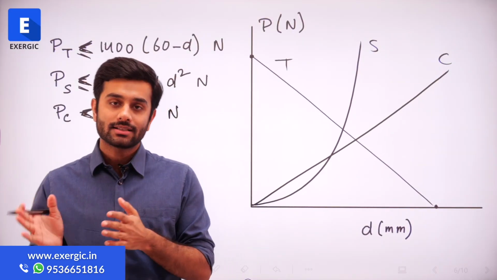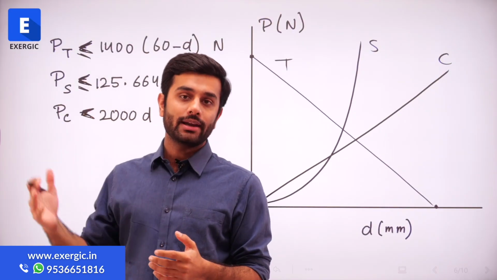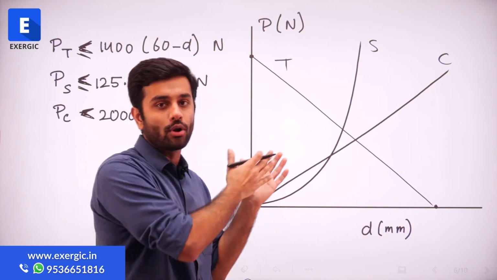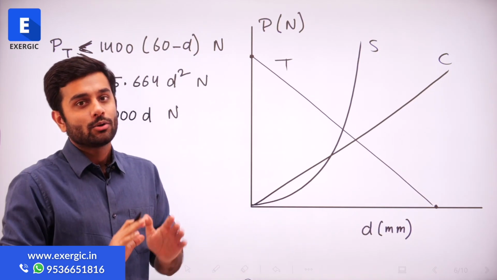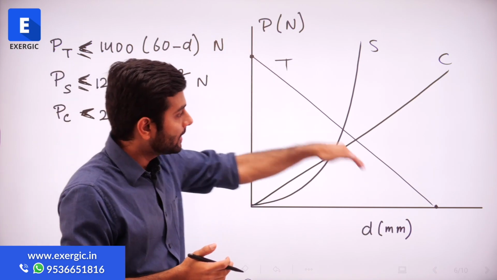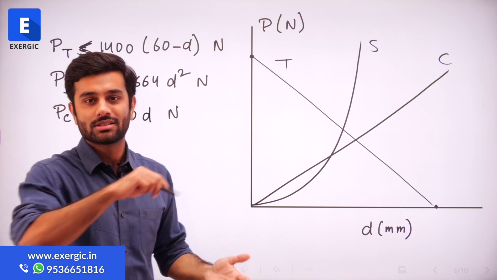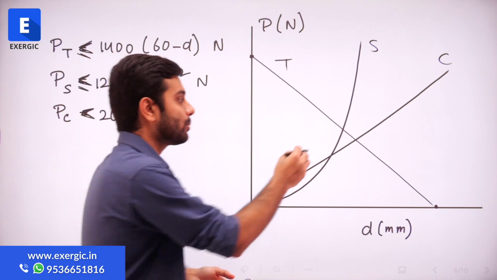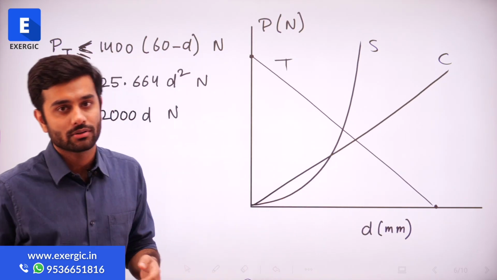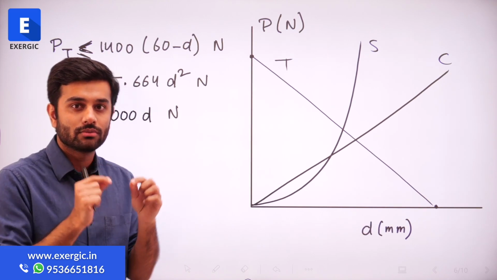Now before we start solving these three inequalities, obviously we need to plot them correctly. Plotting PT or T, the tension line or compression line, is very simple, straight lines crossing each other. At what point they are crossing, that also we can find out by equating the two values.